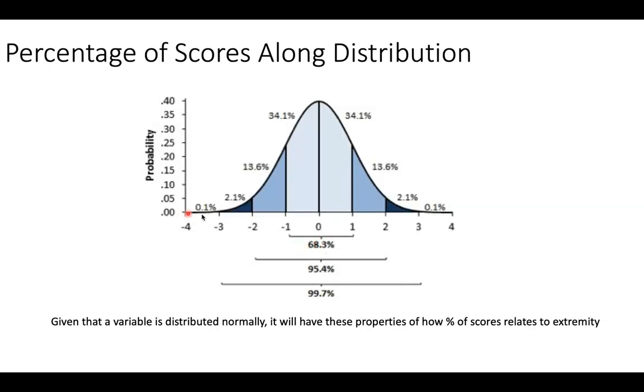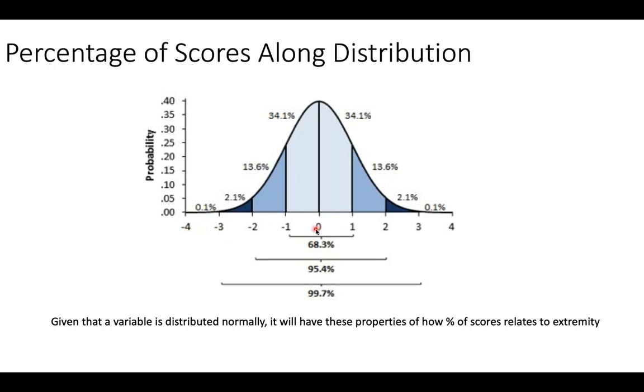So this curve can also be broken down into these standard percentages based on standard deviations. You should remember those from 3510. Think of standard deviations here indicated by our 1, 2, 3, 4 to the right and our negative 1, 2, 3, 4 to the left.